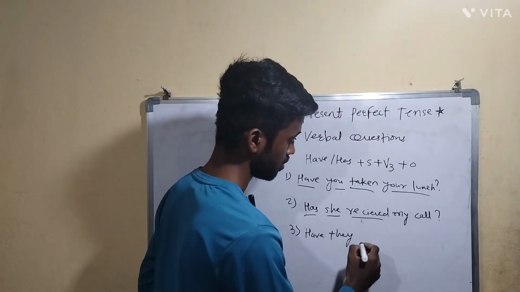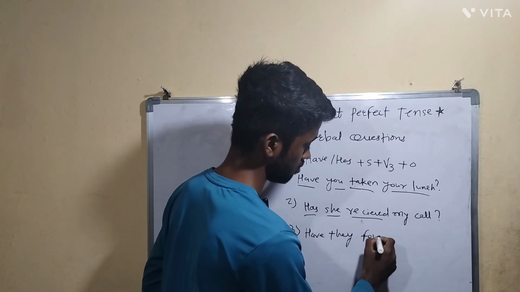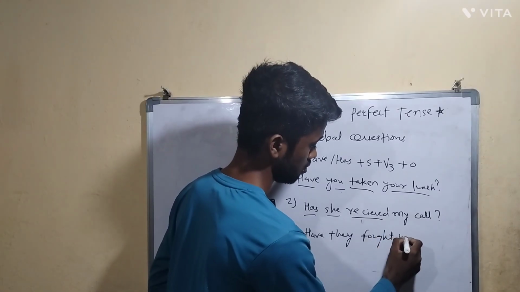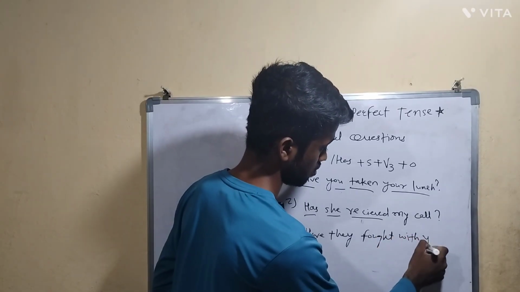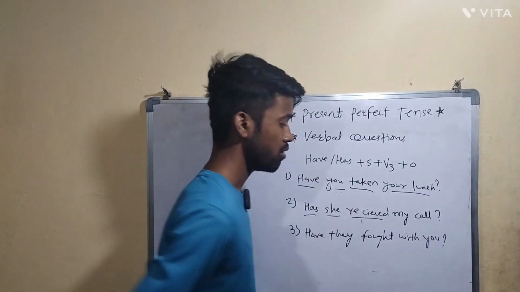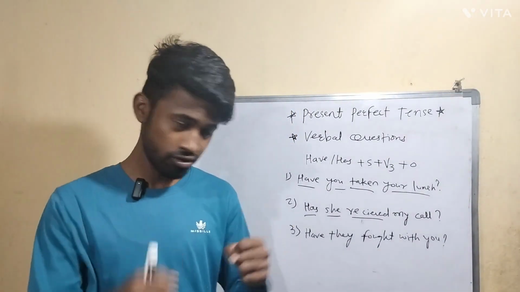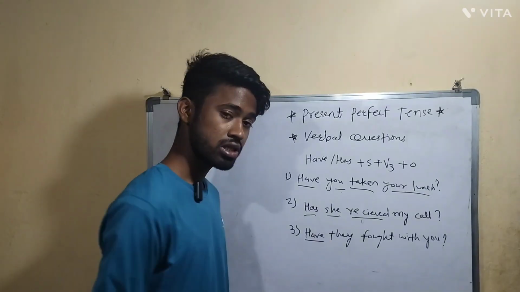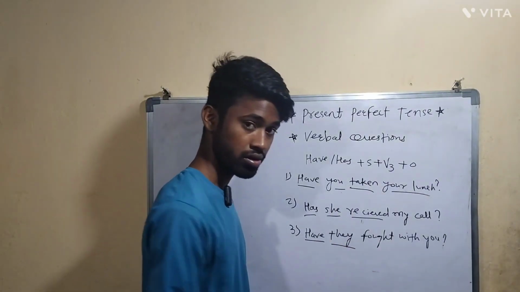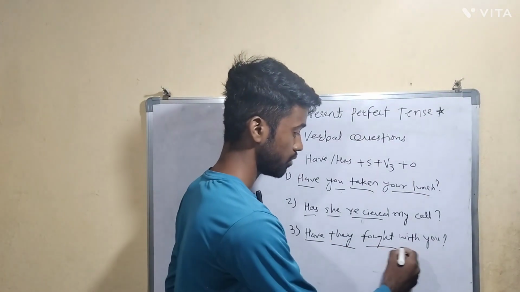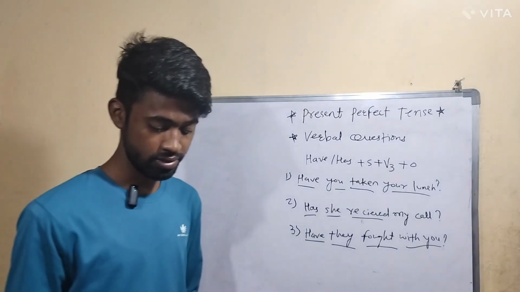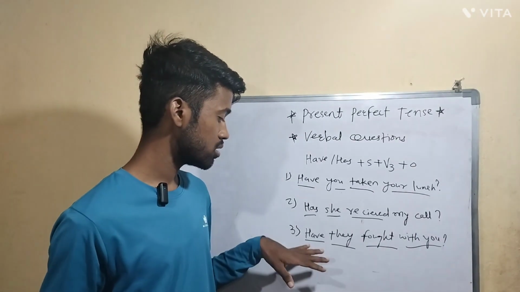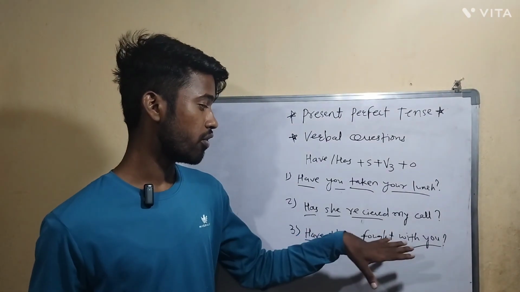Have they fought with you? So what is the helping verb here? Have is the helping verb because the subject is plural. After that, the third form of verb and the remaining part is the object.